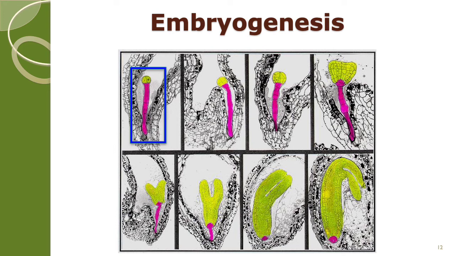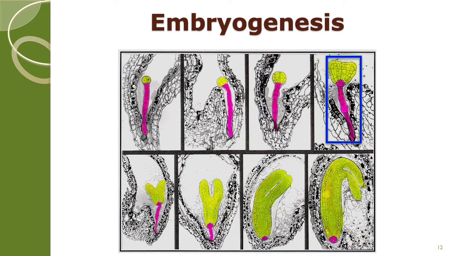So here's the 4-cell stage, and we can see that we have that long suspensor that's formed from the basal cells, and we can see the apical cells undergoing cell division to form the different domains. And here we have the globular stage where you should have differentiation of the cells.